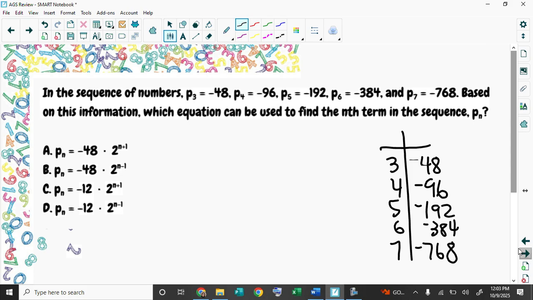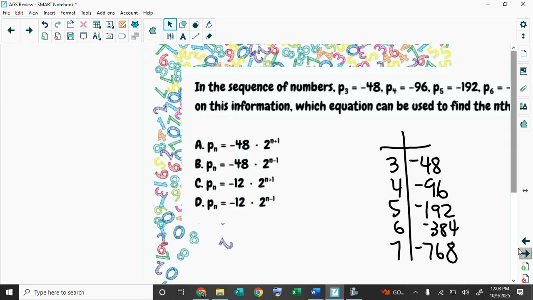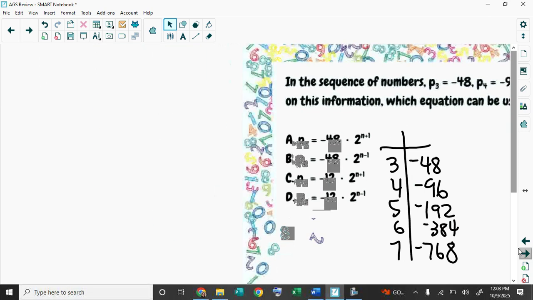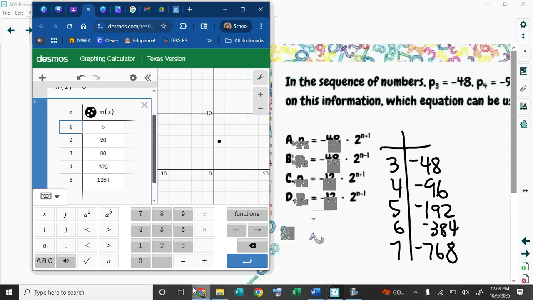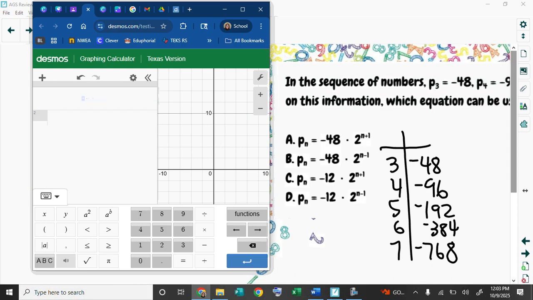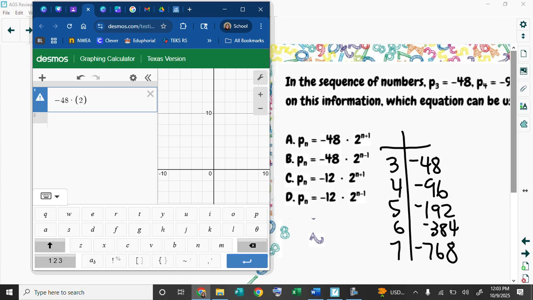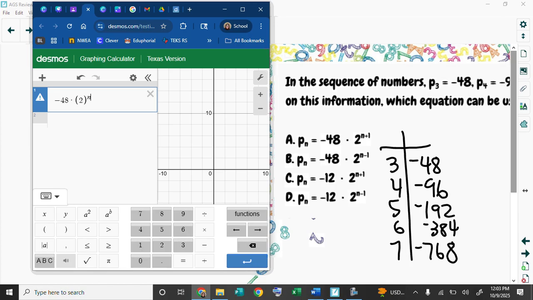So I'm going to take my answer choices that are over here. My calculator. And I'm going to go negative 48 times, I'm going to put this 2 in parentheses, and then I'm going to raise it to the n plus 1.